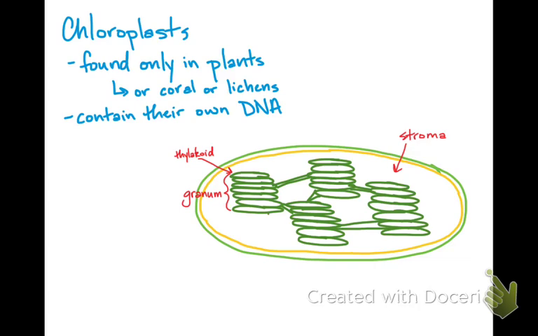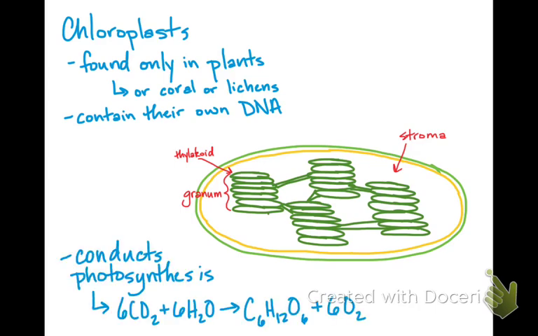All along the thylakoid membrane, if we were to zoom in really close, you could see the proteins that are responsible for photosynthesis. And here's the equation for photosynthesis. So at this point, hopefully you are seeing some definite similarities between mitochondria and chloroplasts, including their energy conversion processes.